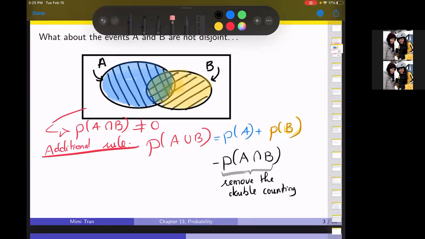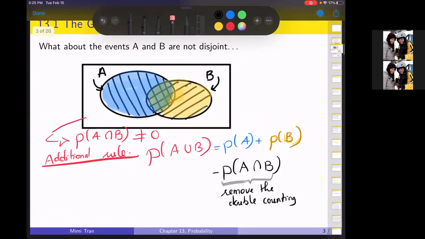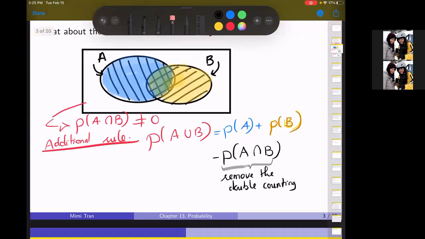Do you guys understand this part? Yeah. So let me ask you something. Is P of A or B in this case, which is equal to P of A plus P of B minus P of A and B, less than or greater than P of A or B in this disjoint? What do you think?